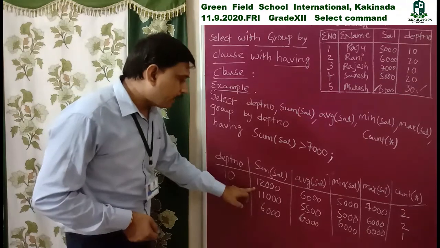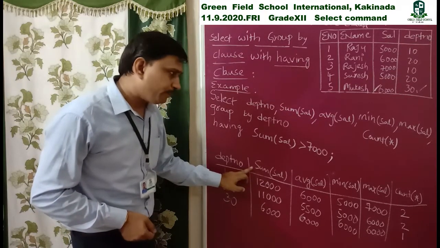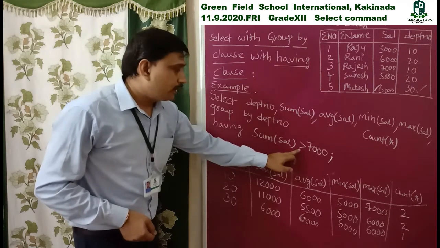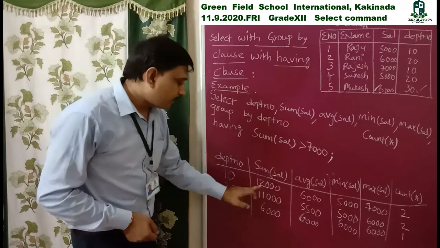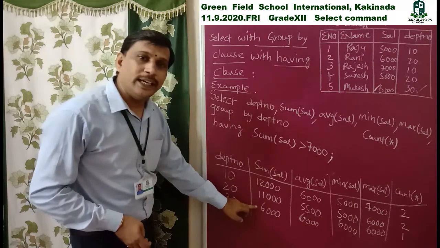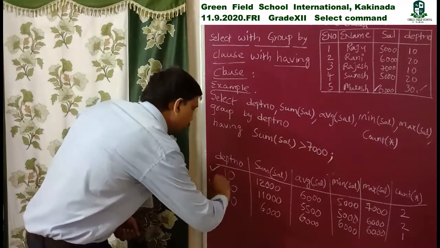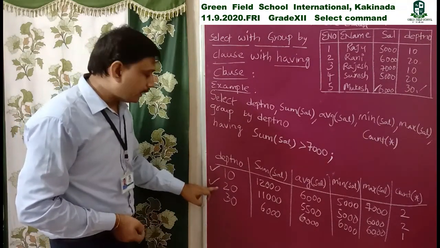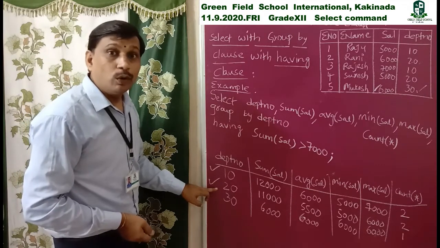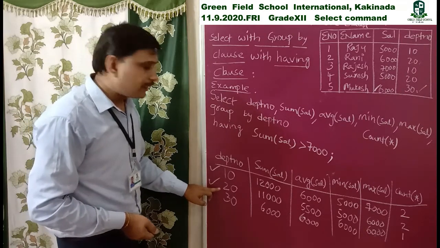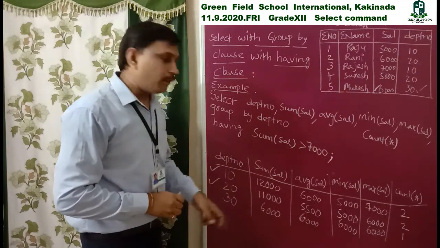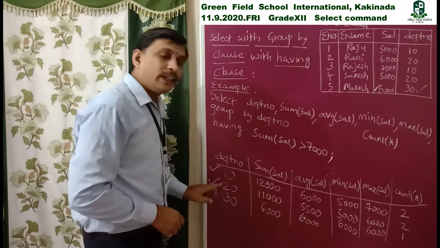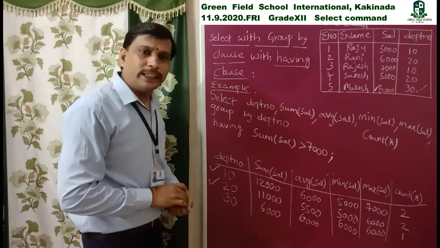Only these two rows satisfy it: department number 10 and department number 20. Only these 2 rows have a sum of salary above 7,000.